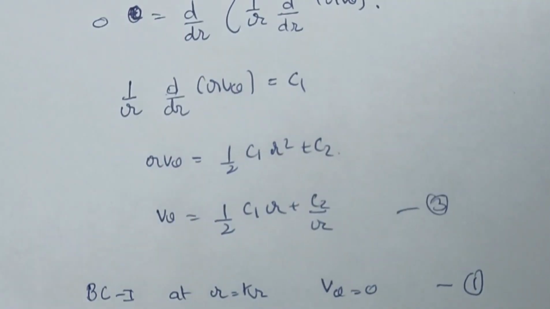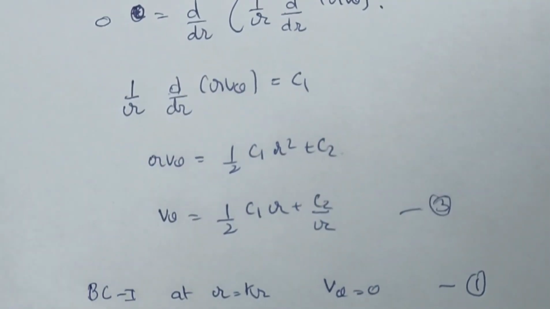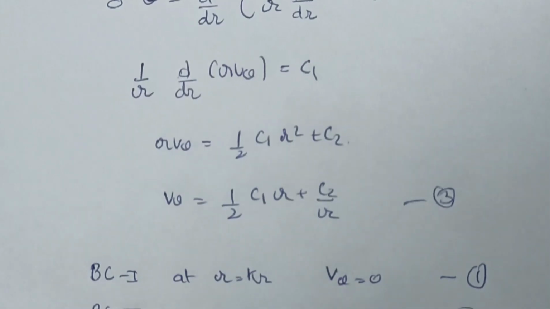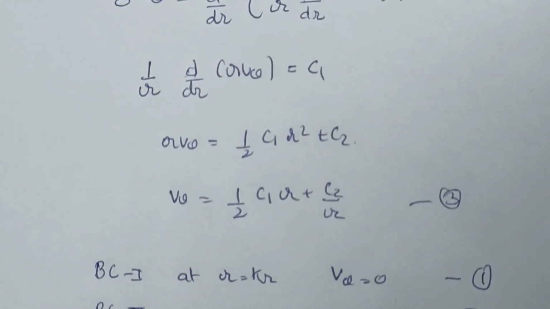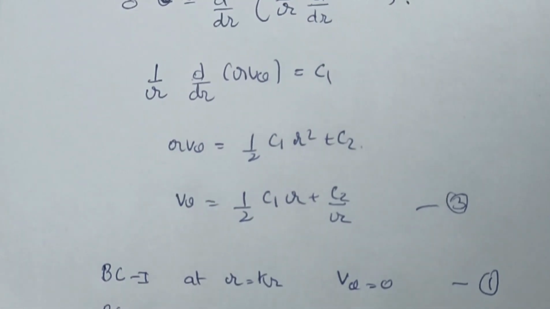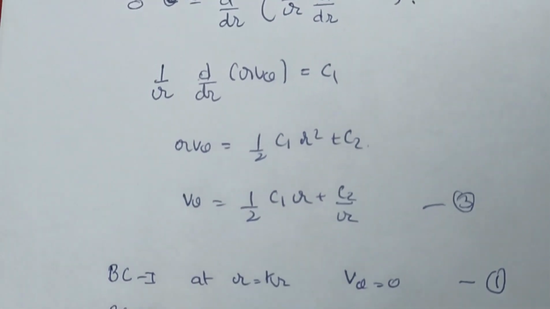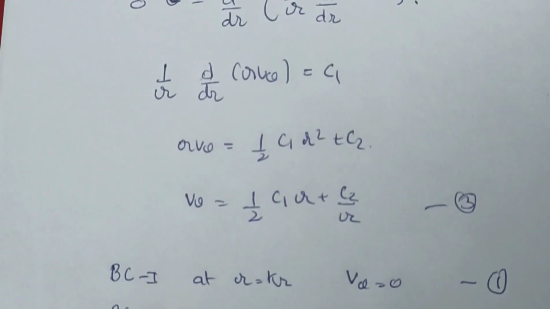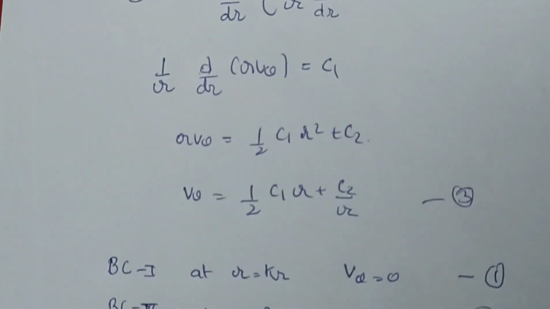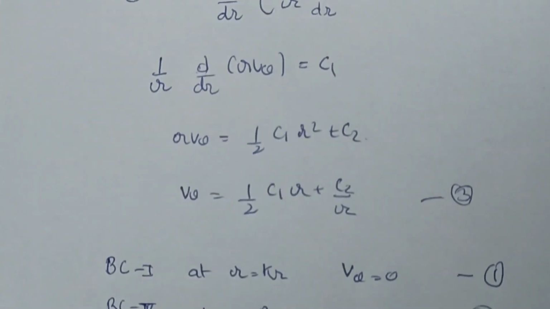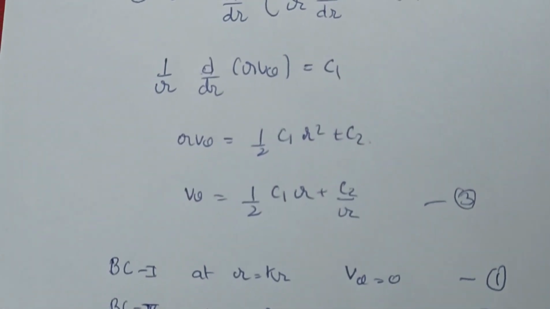We will put equations number 1 and 2 in 3 to remove the constants and obtain an equation of v theta.